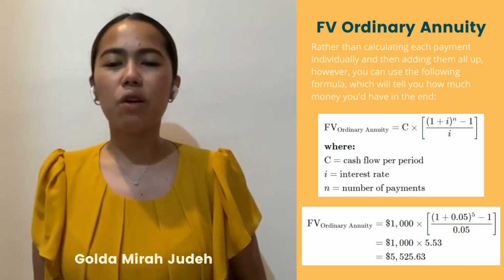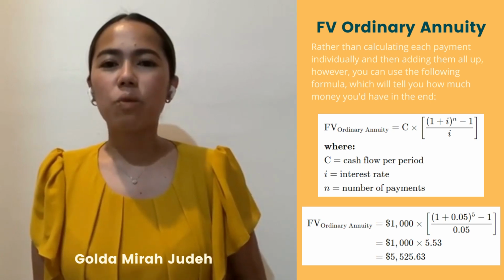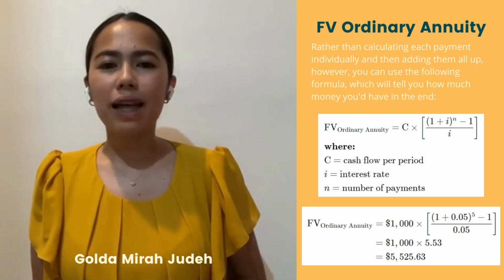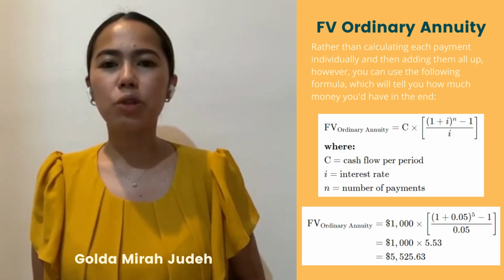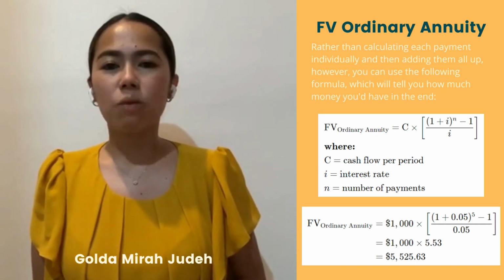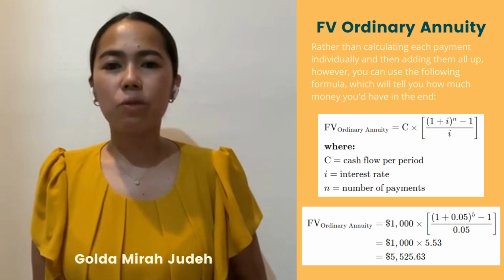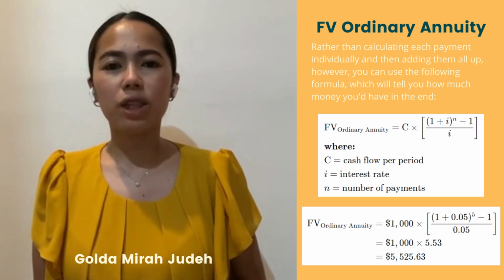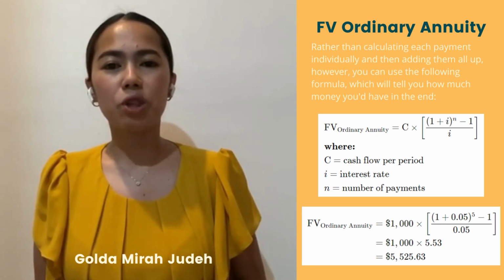Future value of an ordinary annuity equals C times (1 plus i) to the power of n, minus 1, over i, where C equals cash flow per period, i equals interest rate, and n equals number of payments. Let's substitute.